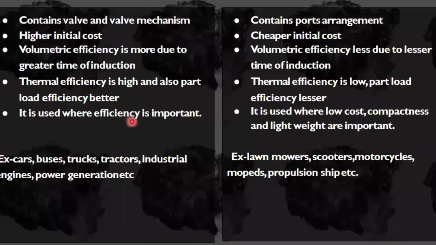Four stroke is used where efficiency is important, and two stroke engines are used where low cost, compactness and light weight are important. If we prefer low cost and accept low efficiency, we can go for two stroke engines, but if we need high efficiency and can bear high cost, then we should go for four stroke engines.